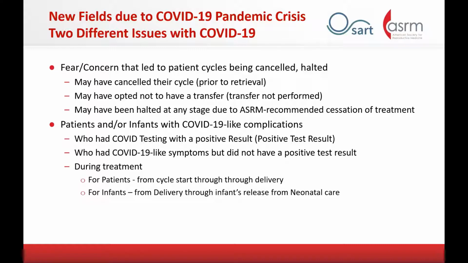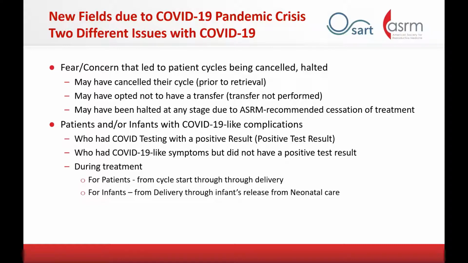And then there's the side where patients actually have complications associated with COVID-19. We want to know who had COVID testing with a positive result. We want to know who had COVID-19-like symptoms but did not have a positive test result. And this applies when they were during their treatment. For patients, it's between the cycle start and through delivery.